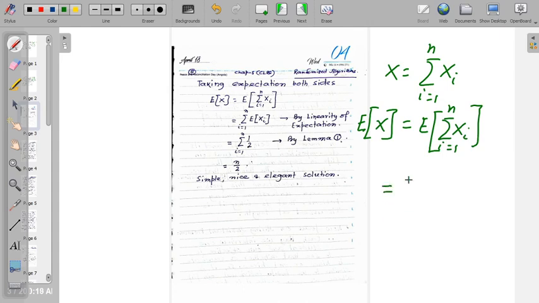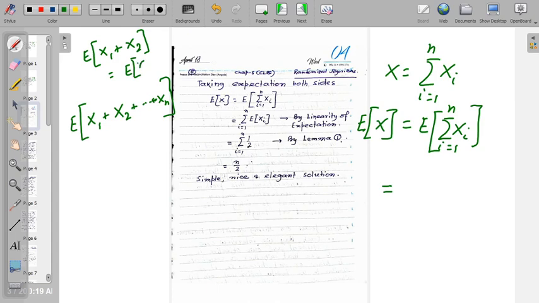And we have seen that if I expand this series, it will be the expectation of x1 plus x2 up to xn. If I expand inside this bracket, x1 plus x2 up to xn, we have seen that the expectation of x1 plus x2 is nothing but expectation of x1 plus expectation of x2.